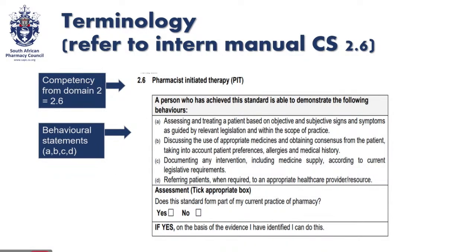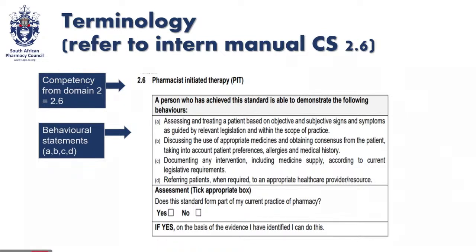This is an example of what you will see in your intern manual. This is part of domain 2, and the one we've selected to show you is 2.6, pharmacist-initiated therapy. The behavioral statements are A, B, C, and D. You have to show your assessor and your moderator that you can assess and treat a patient based on objective and subjective signs and symptoms, as guided by relevant legislation and within your scope of practice.